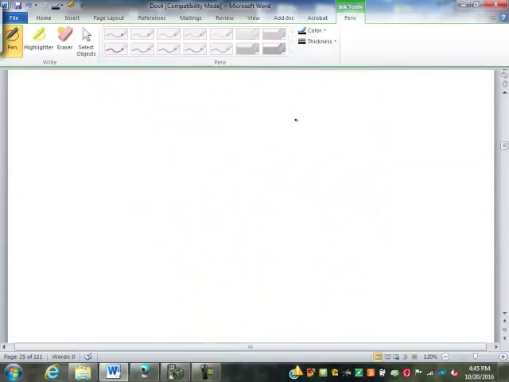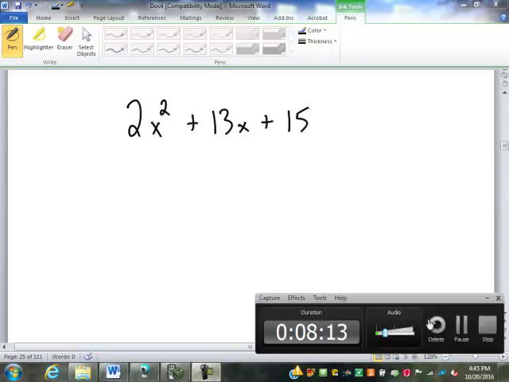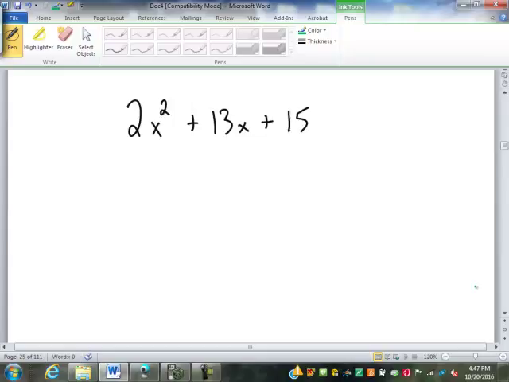Let's just do a few more different combinations. So if we look at this, are there any common factors? No. So we're going to give this a shot.